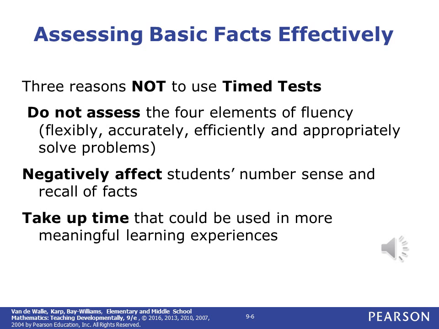First, they do not assess the 4 elements of fact fluency that the Common Core State Standards advocate, which are to flexibly, accurately, efficiently, and appropriately solve problems. In addition, they negatively affect students' number sense and recall of facts. And then lastly, they take up time that could be used in more meaningful learning experiences.